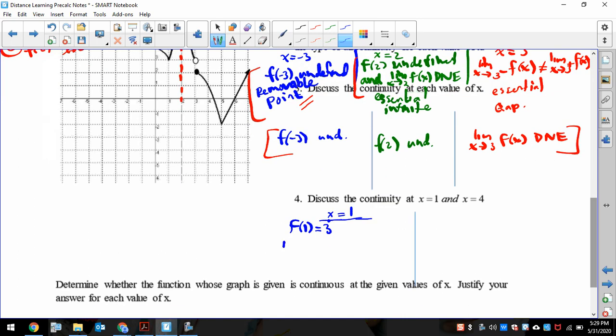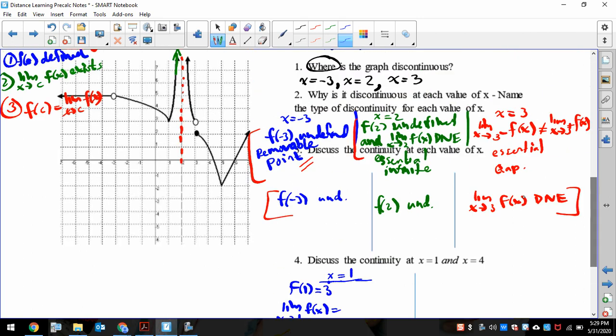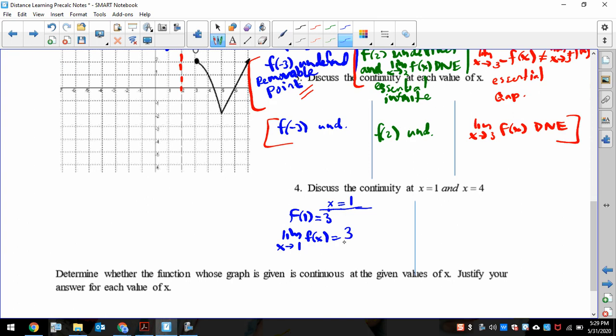And does the limit exist? So the limit as x goes to 1 of f of x, what does that equal? So the left limit coming from this direction looks like it's getting closer to 3, and the right limit here also looks like it's getting closer to 3. They meet up at that point, so the limit exists and is 3.